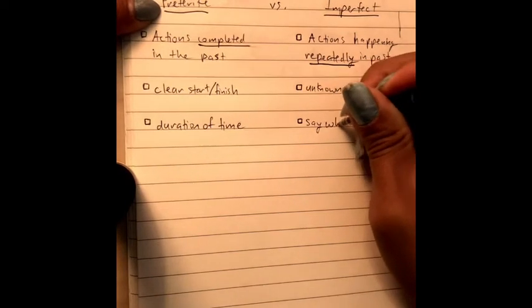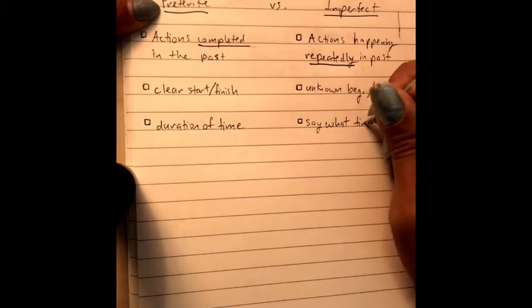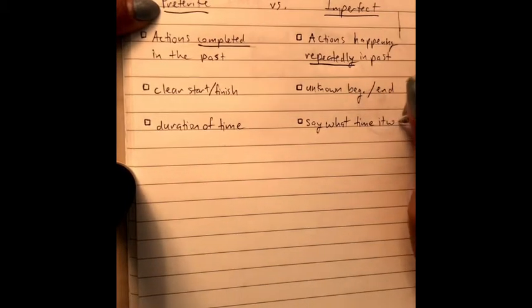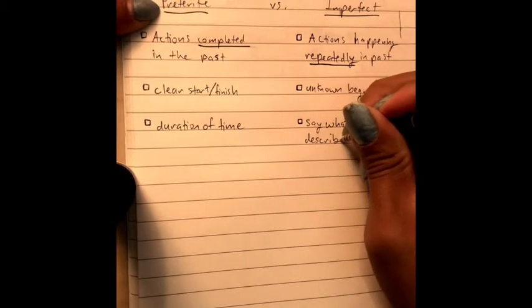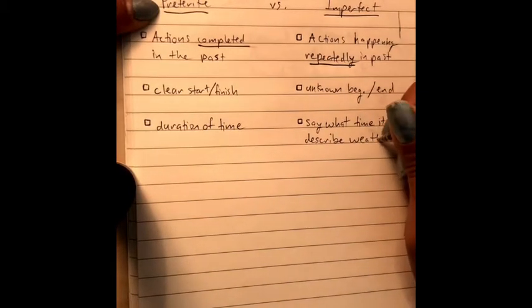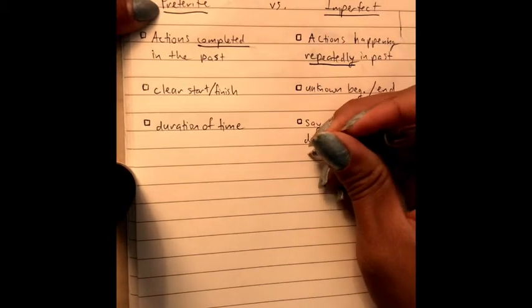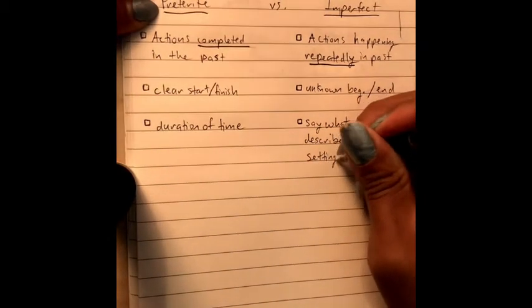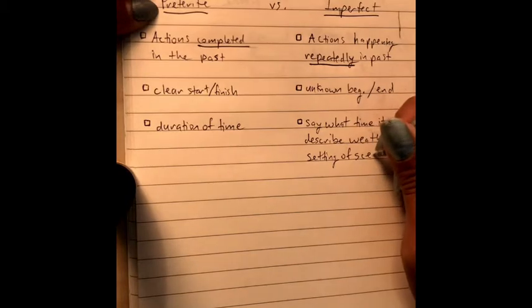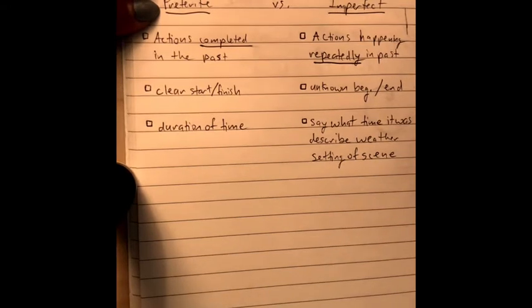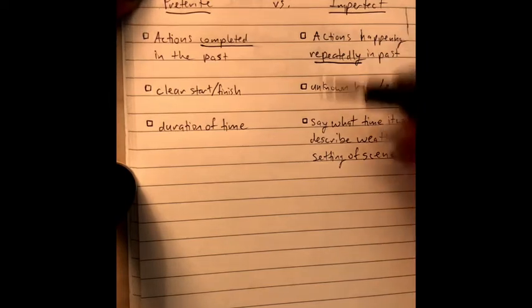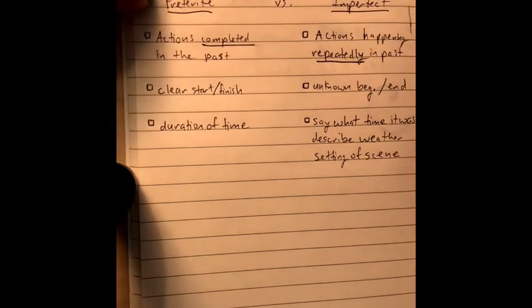what time it was, or to describe the weather or the setting. So if you were telling a story and you said, it was a sunny day at 9 in the morning, that's something you would use imperfect for.